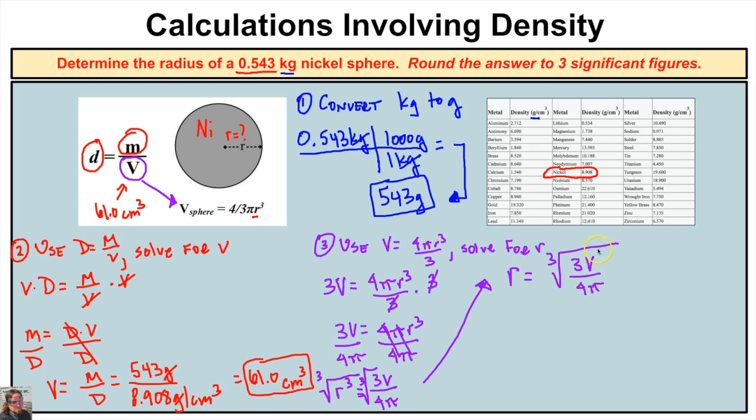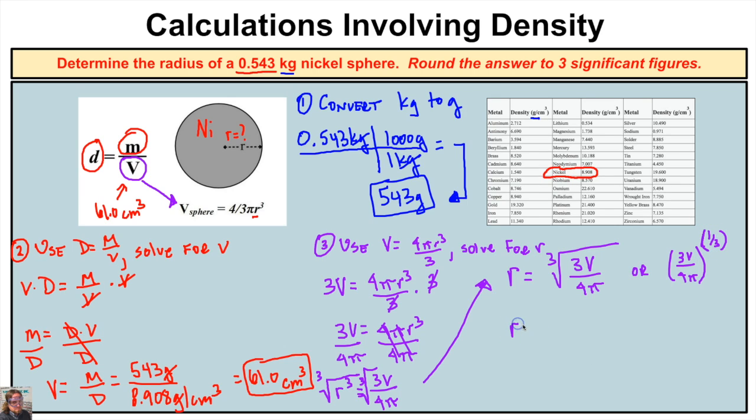What we'll do is we'll take the cubed root of 3 times the volume over 4 pi. And a fancy way of putting this in your calculator will be like this: 3V over 4 pi. And because this is the cubed root, we can put this to the 1/3 power. And notice how I have the exponent in parentheses here. When you put this in your calculator as an exponent, make sure you use parentheses.